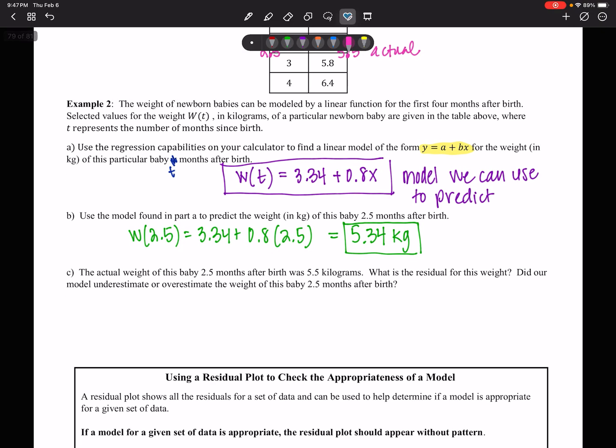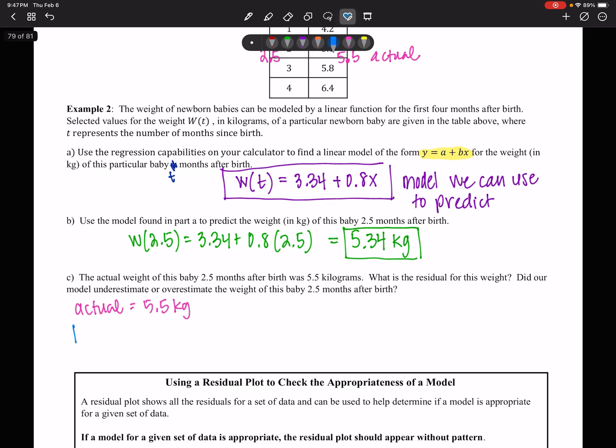However, we want to use the model. So actual is equal to 5.5 kilograms. But if we want to do our prediction, that's using the model, we got 5.34 kilograms.